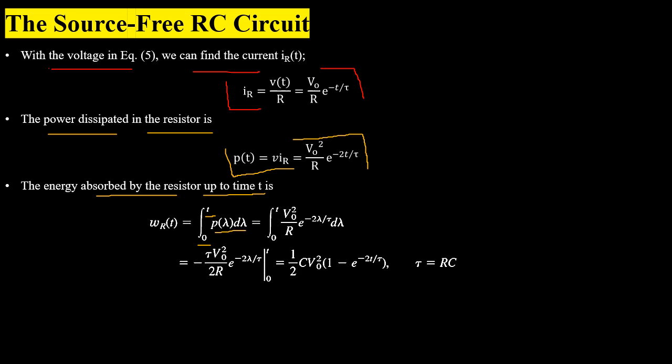Substituting the value of power, taking the constant out of the integral and integrating from t equal to 0 to present time t, we will have a relation of half CV0 squared into 1 minus exponential power minus 2t divided by tau, where tau is equal to RC. Here, for integration purposes, the integration variable is changed from time t to lambda.